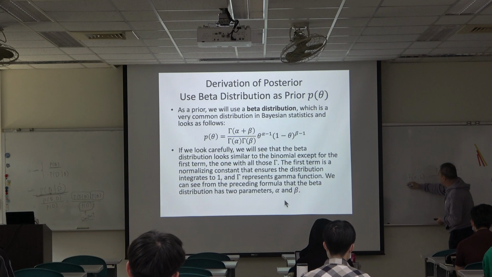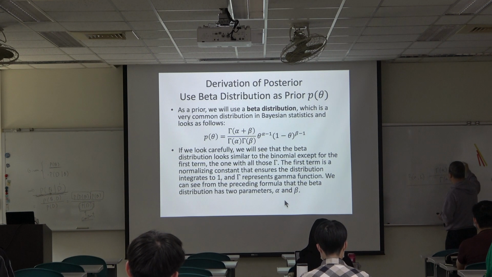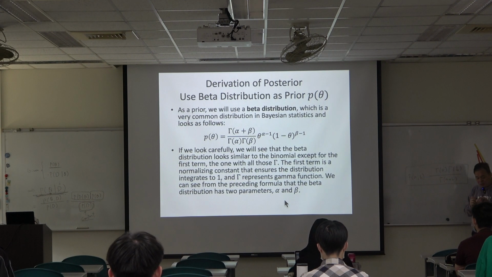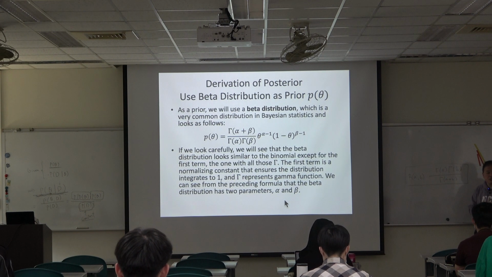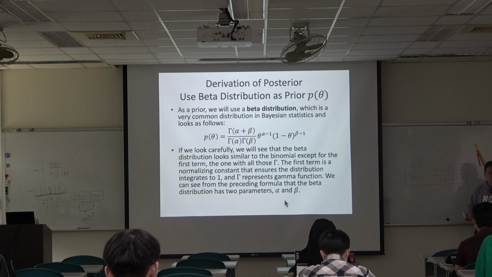This is B(a, b). We don't know what that value is, but of course we know gamma is the gamma function that we described earlier.